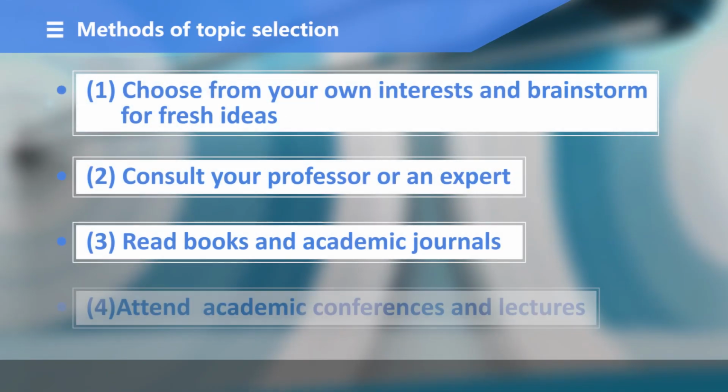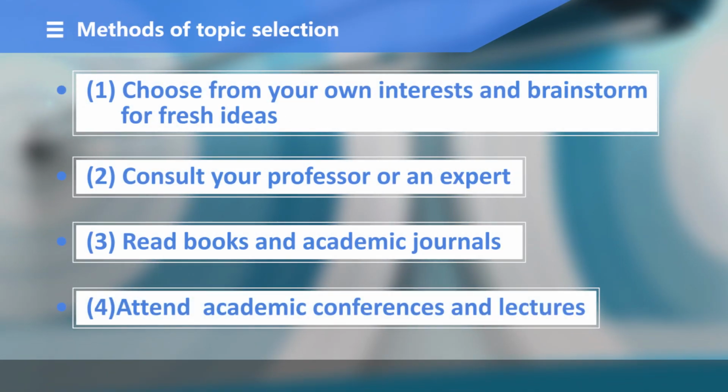In academic writing, originality is crucial, but it is hard to be totally original. We may combine the pre-existing elements of the research in an original way, or try to take existing research further. 也就是说，我们可以用新方法研究老问题，或者是对现在的问题进行进一步深入研究。The fourth method is to attend academic conferences and lectures.